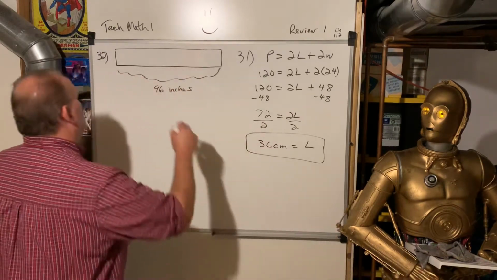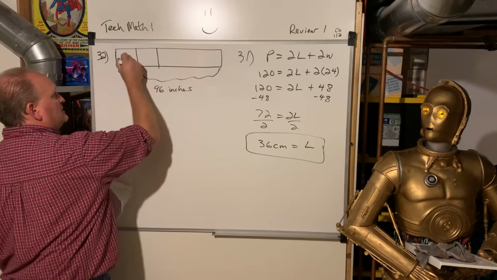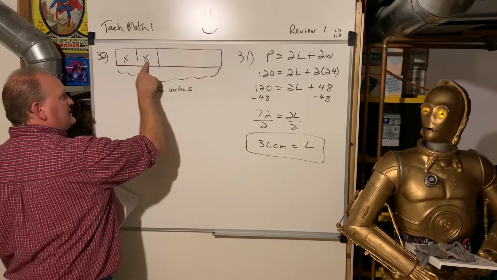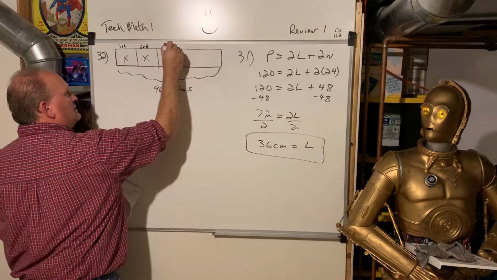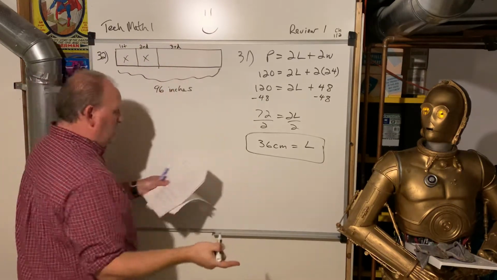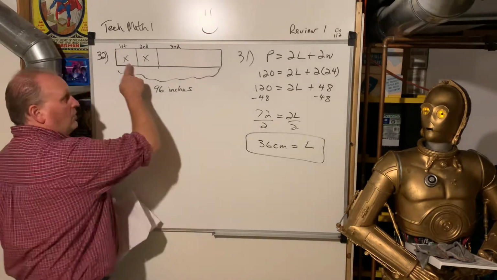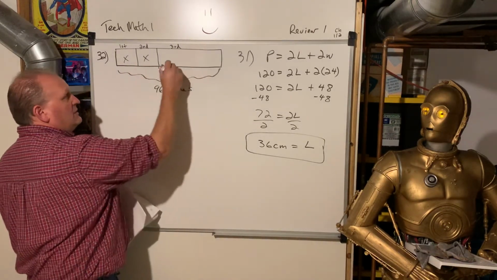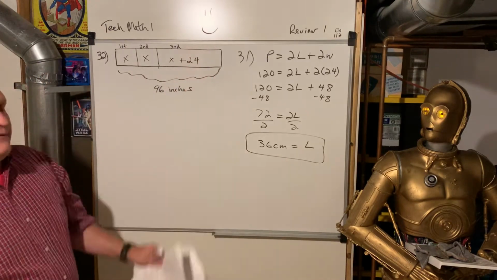Just eyeball it, so those 2 parts are exactly the same. That's x, that's x. That's the first part, that's the second part, this is the third part. The third part is 24 inches longer than the first, or they could have said the second because those are the same. So whatever that is, plus 24.